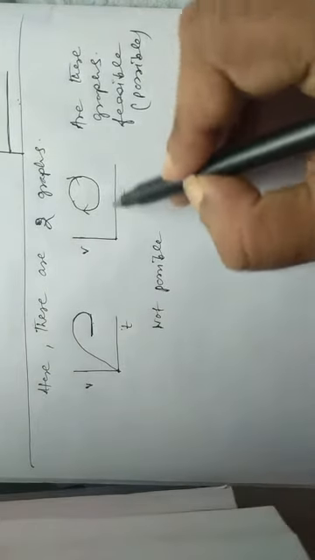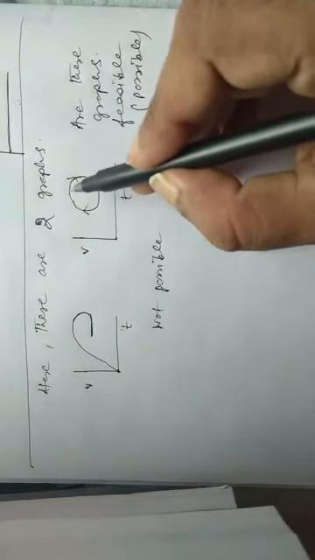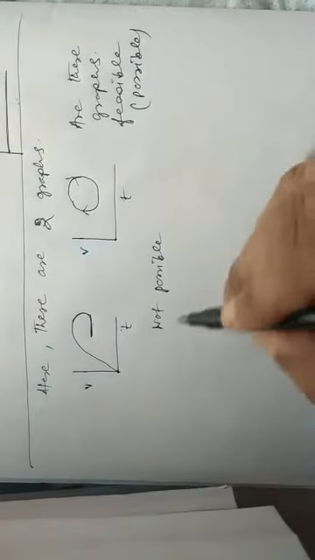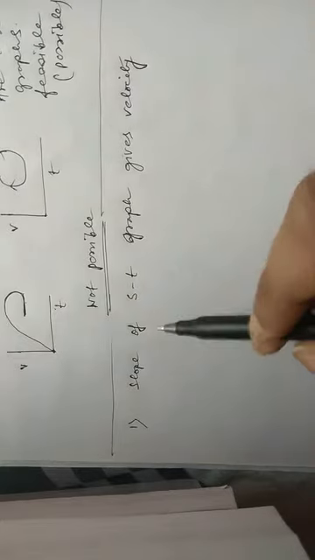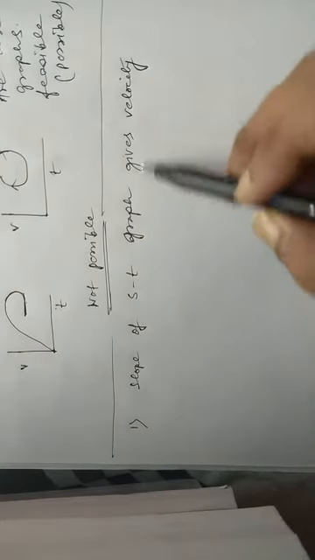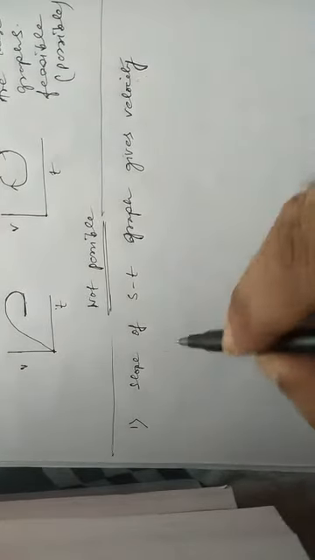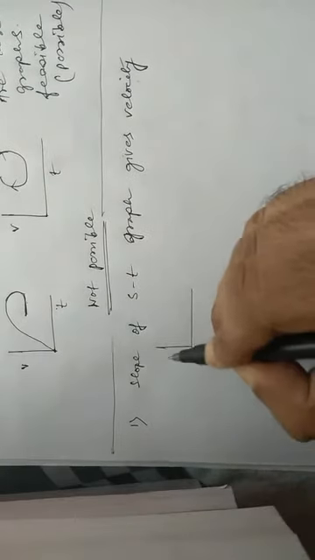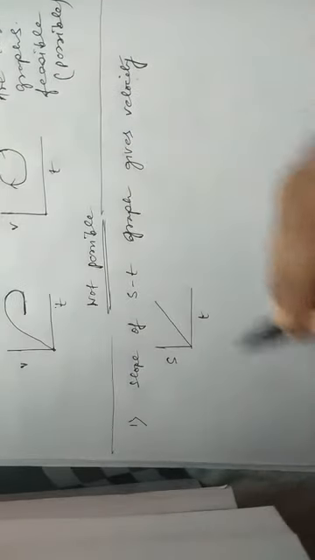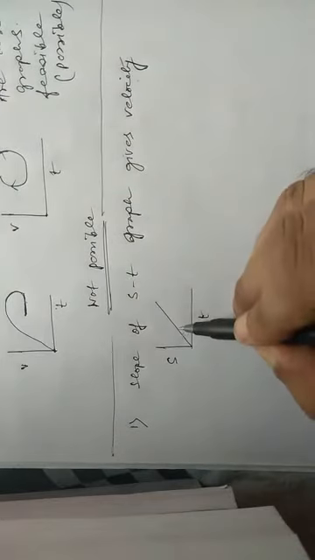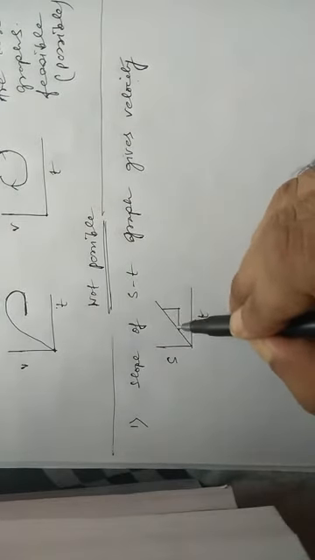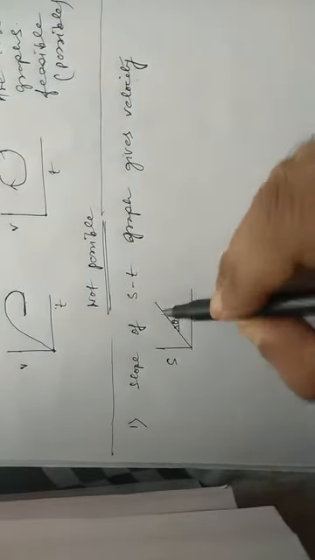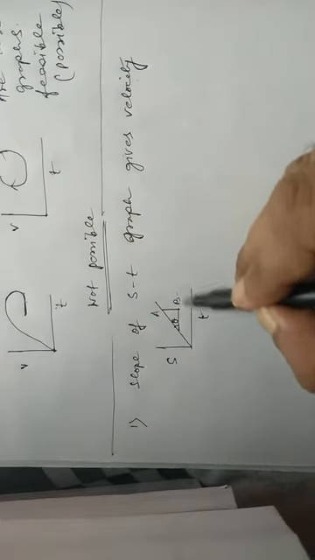Here also the result is the same. Now one or two more points. Slope of ST graph gives velocity. Now suppose this is an ST graph. We draw a straight line like this. What we have learned: theta, A, B, C, 3 points.